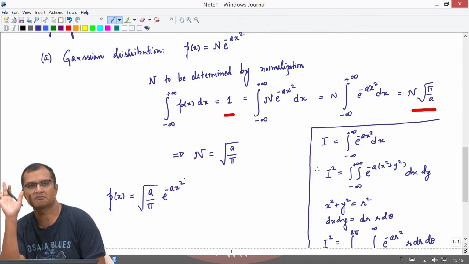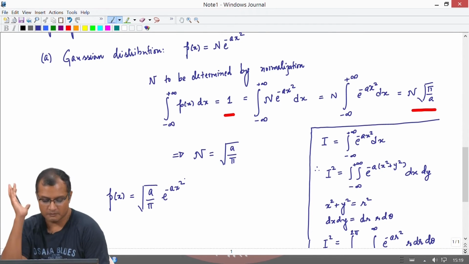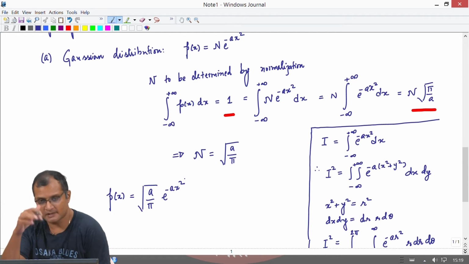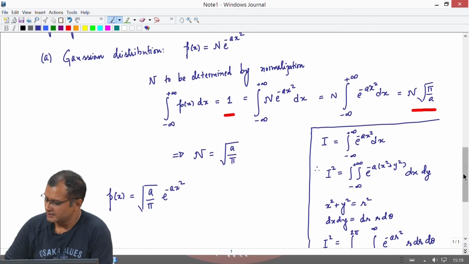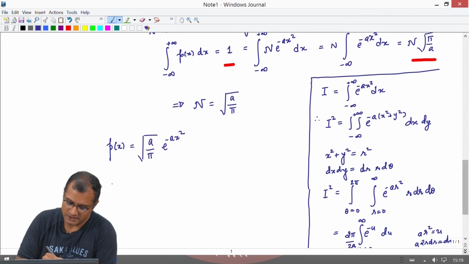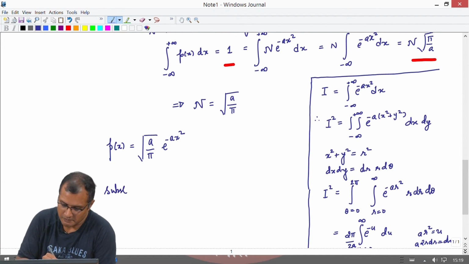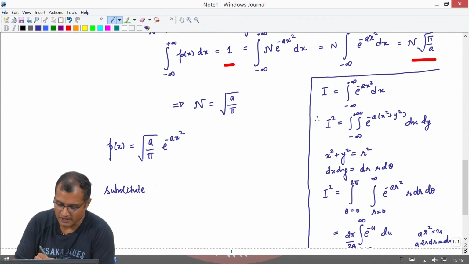I am just going to make it more consistent with the literature, I am just going to make a substitution here. Without any loss of generality, substitute this a as 1 upon 2 sigma square.